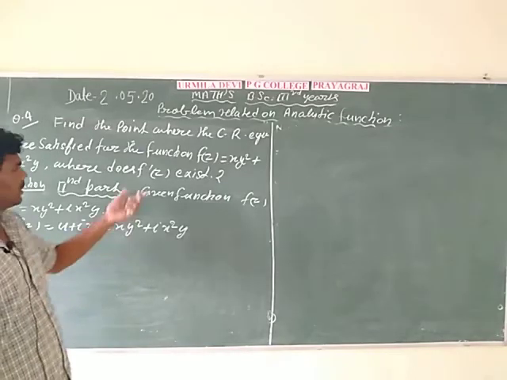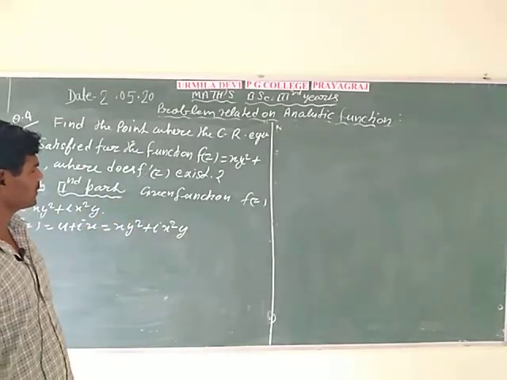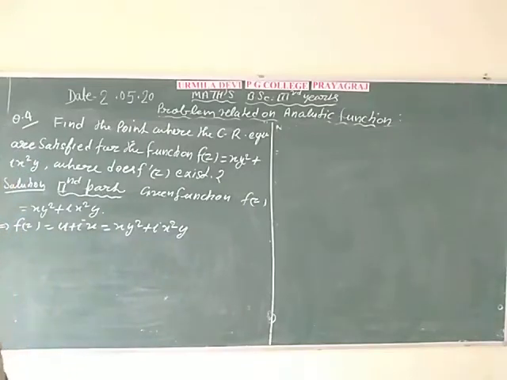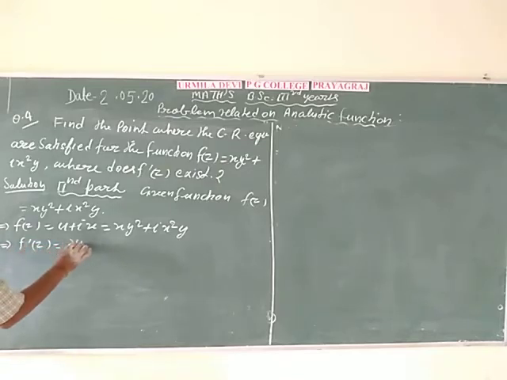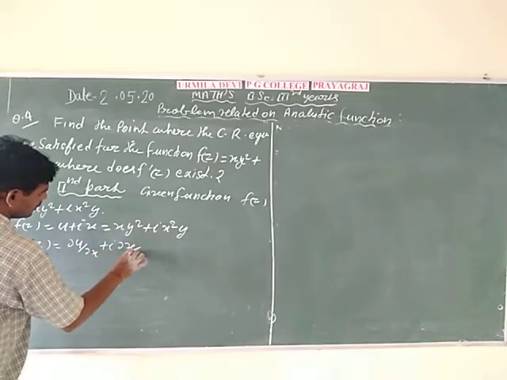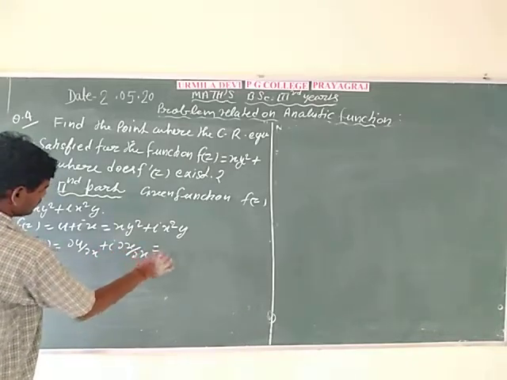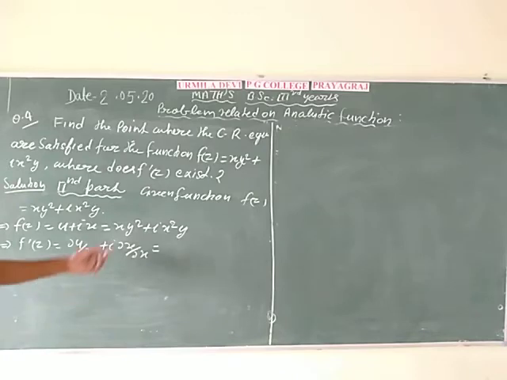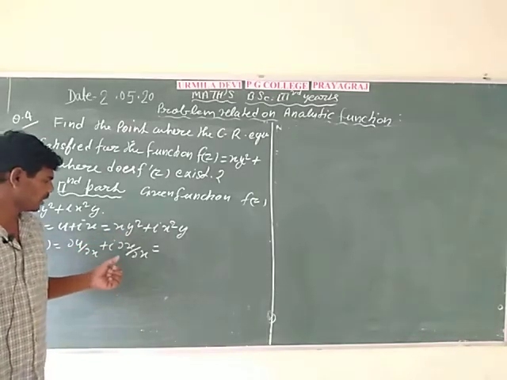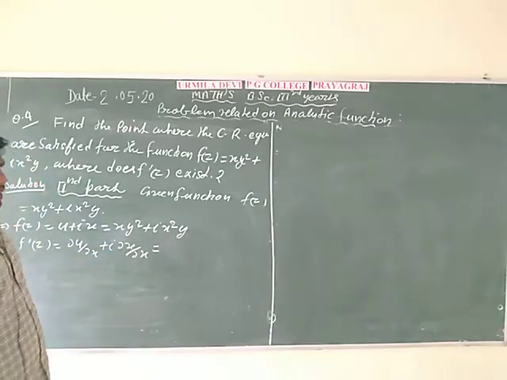f dash z means differentiation of function f(z). According to the formula, the differentiation of f(z), that is f dash z, is equal to del u by del x plus i times del v by del x. The value of u is x y square and the value of v, the imaginary part, is x square y.